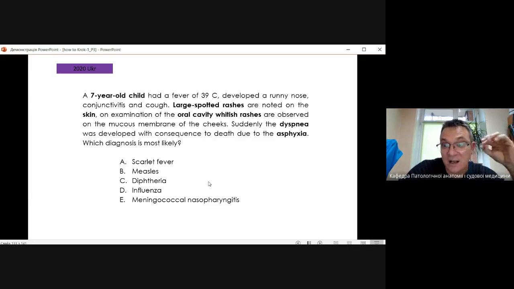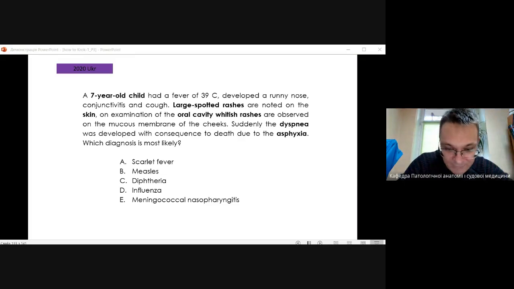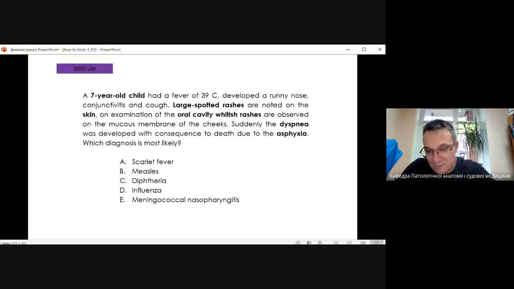And in this case, there are the Koplik spots. I will type that for you. Okay, and we are dealing for sure in this case with measles. And Koplik spots are the prodromal symptom of measles.